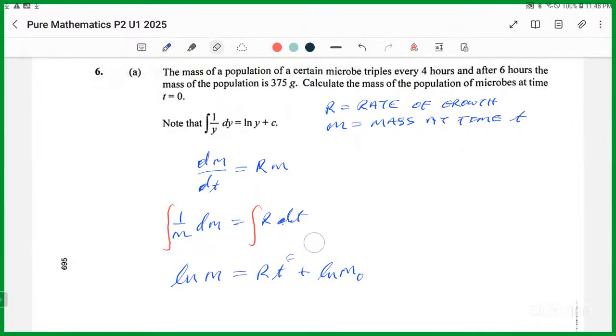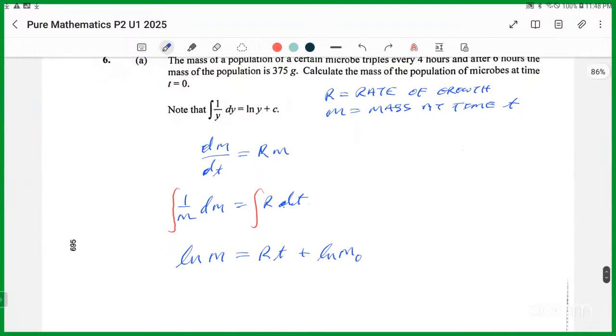So we don't want to put c over here. That comes through years of experience, guys. When you're doing an integral with logs with a constant, you put the constant as ln of some other variable, and this is usually the value at the start, when t equals 0. I'm going to reduce this to a simple expression.